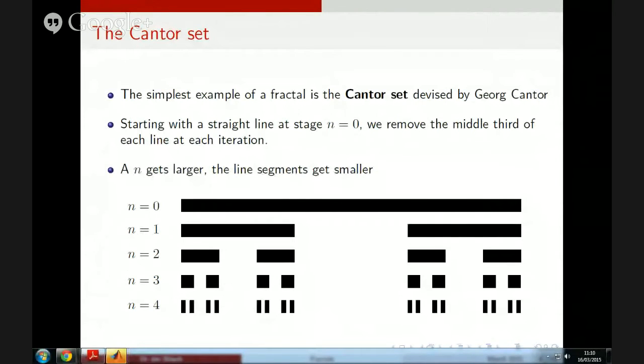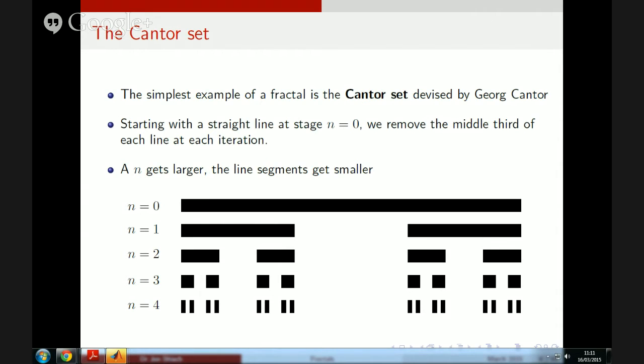So here we have our line at n equals 0. At each iteration, I'm going to remove the middle third of that line. So instead of just one line, I have two lines with nothing in the middle third. Now I've got two lines, and for each of those two lines, I'm going to do the same thing again and remove the middle third.